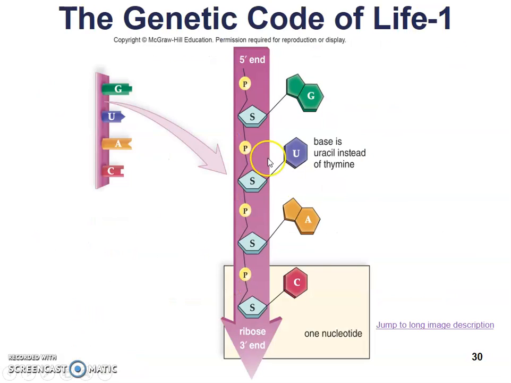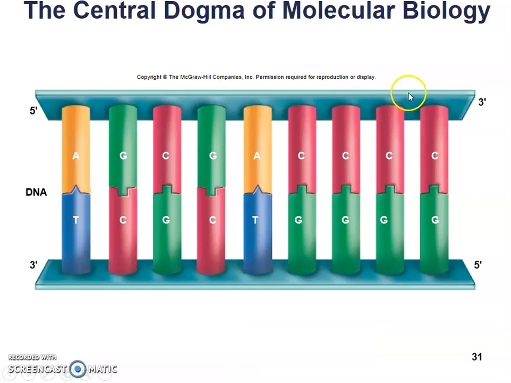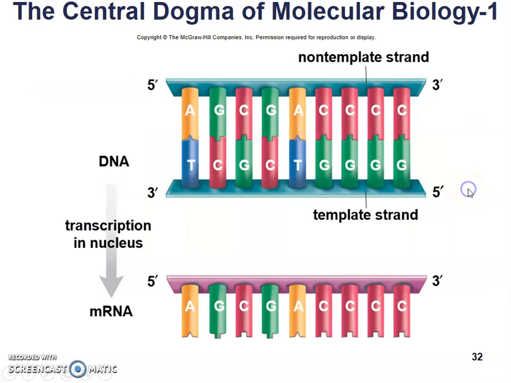So here we have a strand of DNA. Here's our sugar phosphate backbone, and here are our nitrogen bases. Remember, we start at the 5' end and we move toward the 3' end. Here's another picture of DNA, our sugar phosphate backbone with our nitrogen bases in the middle.